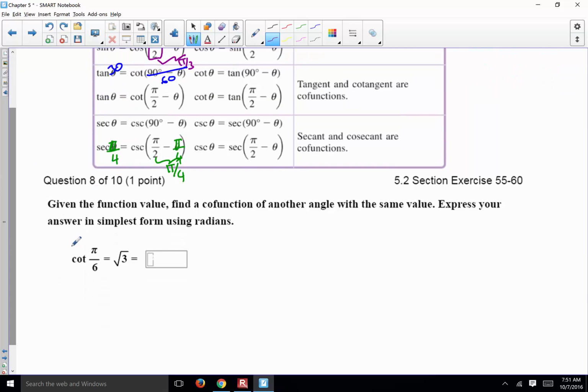Alright, can you guys compute cotangent pi over 6 alternatively? We know already it is root 3. But I'm just wondering if you can go another way and compute it. If you don't want to compute cotangent pi over 6, then what is your alternative? Ashley?